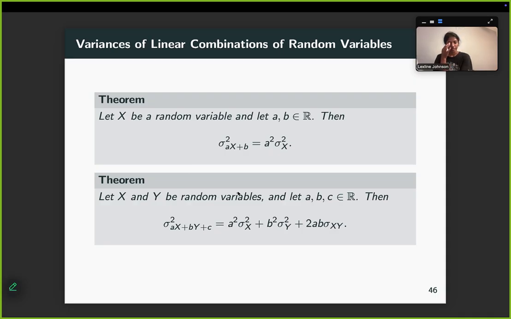And then if we have x and y as two random variables and a, b, and c are all real numbers, then our variance of ax plus by plus c is equal to a squared times the variance of x plus b squared times the variance of y plus 2 times a times b times the covariance of x and y.